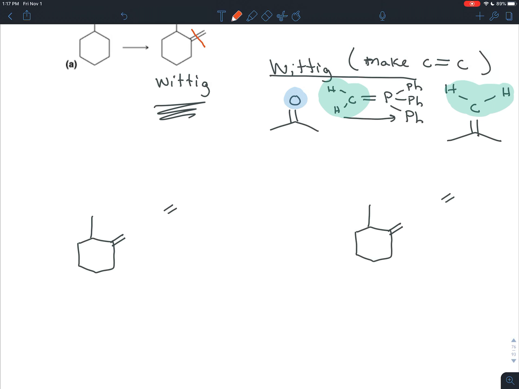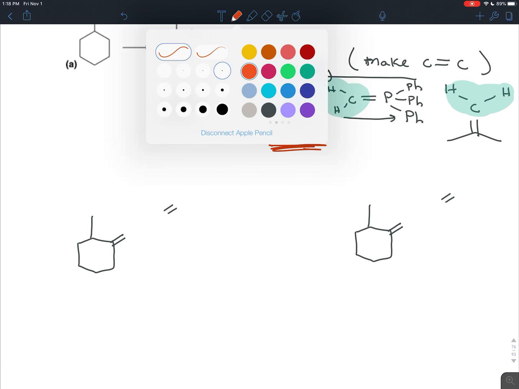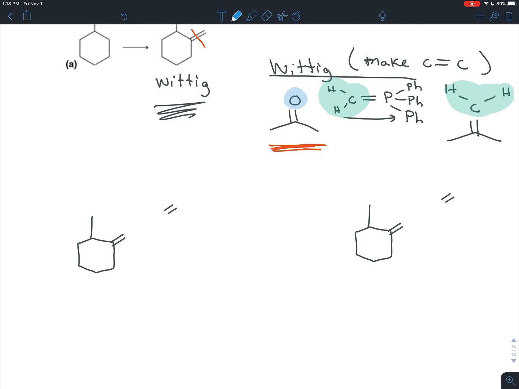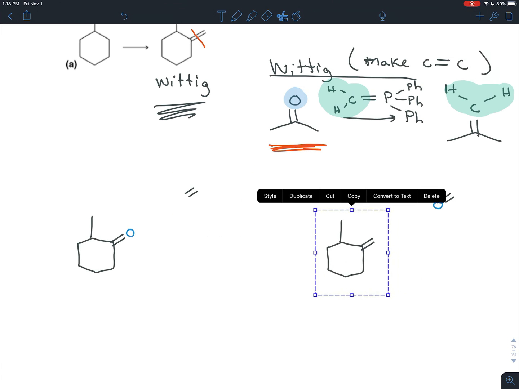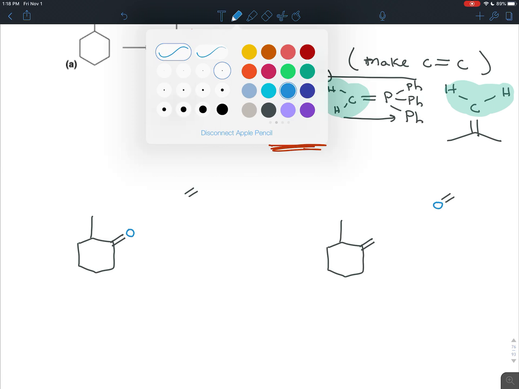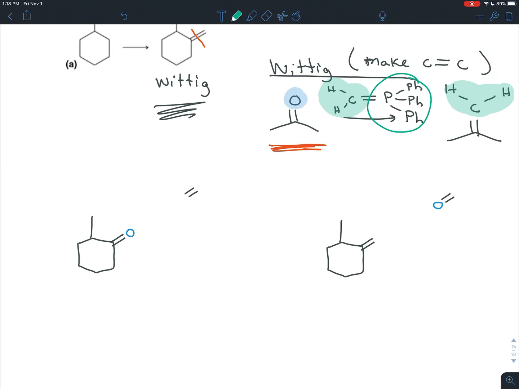In a Wittig reaction, you need an aldehyde or a ketone. That could be on one of the pieces, in this case the ring, or it could be on the other one, in this case the little straight chain. And in addition to the oxygen, you need the triphenylphosphine. So that's this triphenylphosphine there. So that's on whatever double bond the oxygen is not on.